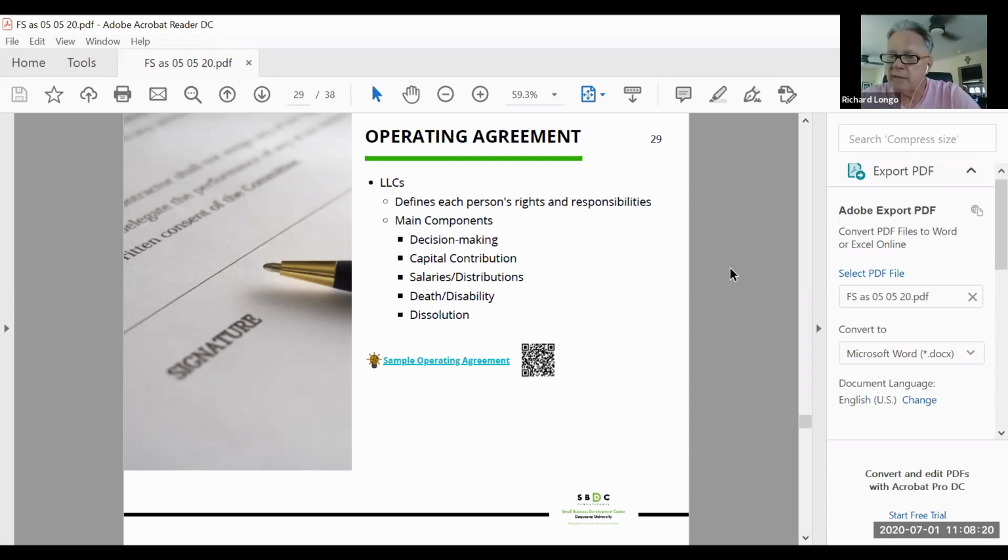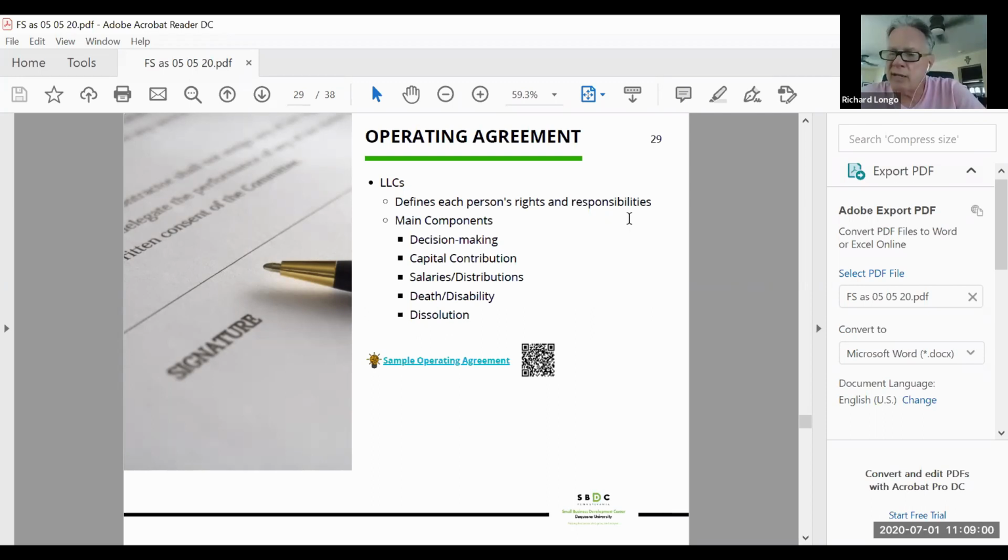And what that basically says is who owns the company, who's in the company, who are members, who's the managing member, are you hiring somebody to manage the company, who's putting what kind of money into it, what's the capital contribution, are members putting money in to start the company, is anybody going to be paid to run the company, how are they going to be paid, what's going to happen if the owners or the members die, disability, how's the company going to be dissolved, should there be a decision to dissolve, how are decisions going to be made, etc. Okay? And that's in an operating agreement.